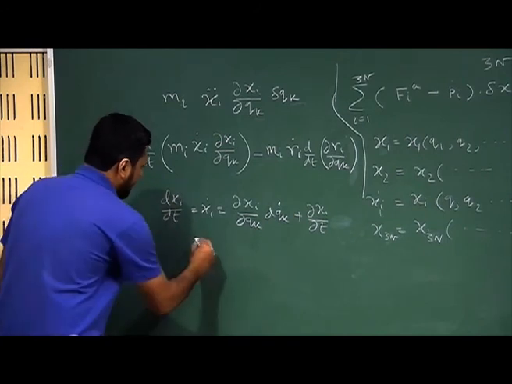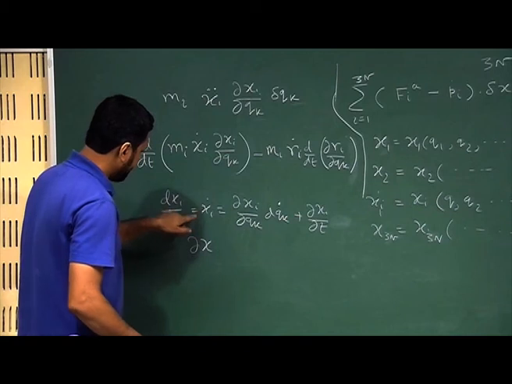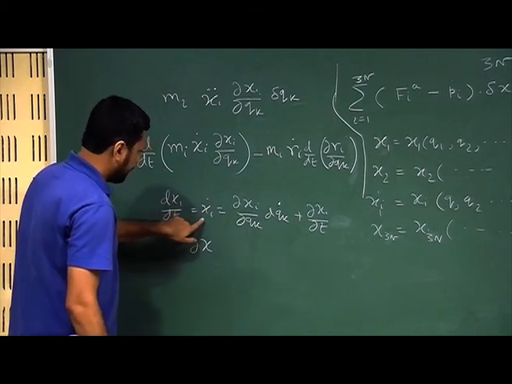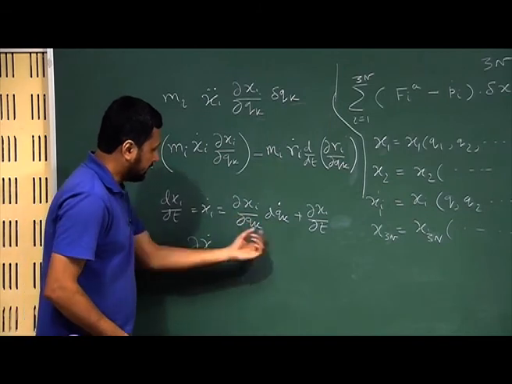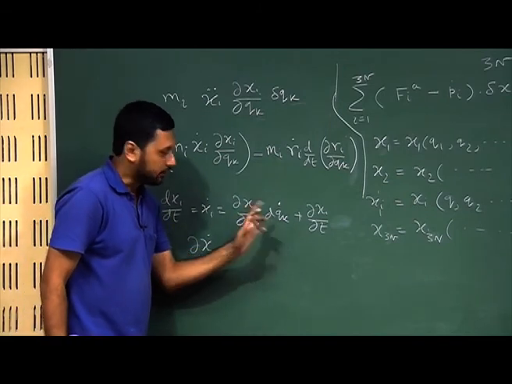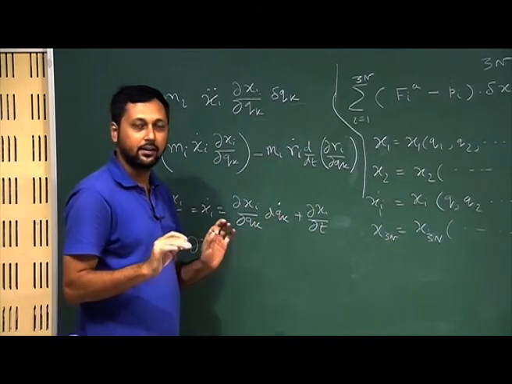From here, I take another partial derivative of this velocity with respect to a generalized velocity. If qk is a generalized coordinate, then the total time derivative qk dot is a generalized velocity.